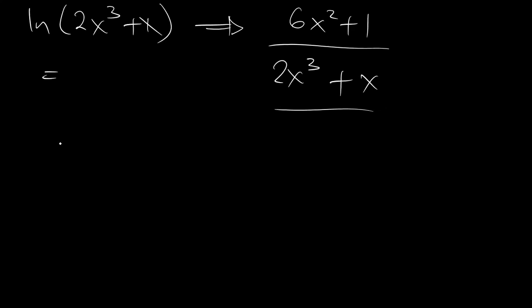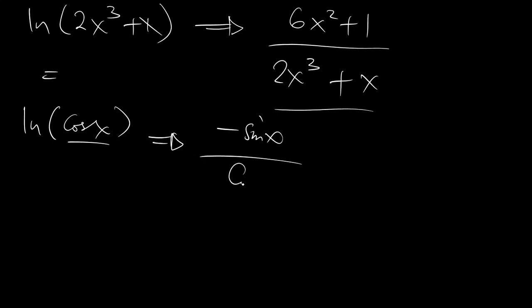Now let's say we are given the derivative of ln cos x. The derivative of this is minus sine x divided by cos x, which is equal to minus tan x.